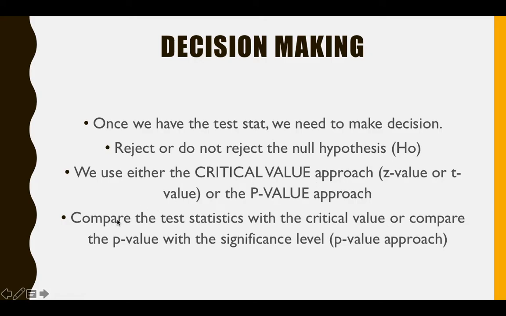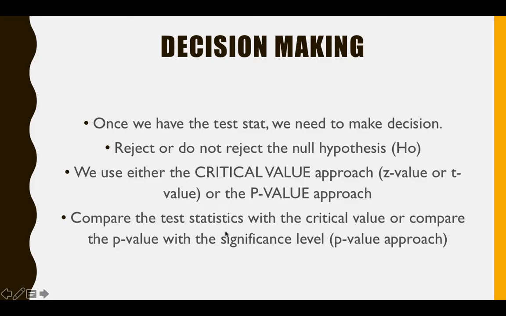Once you have the test statistic, the value derived from the z-test or the t-test that we conducted in step number 3, compare the test statistic value with the critical value. So that is a formula to calculate the critical value.